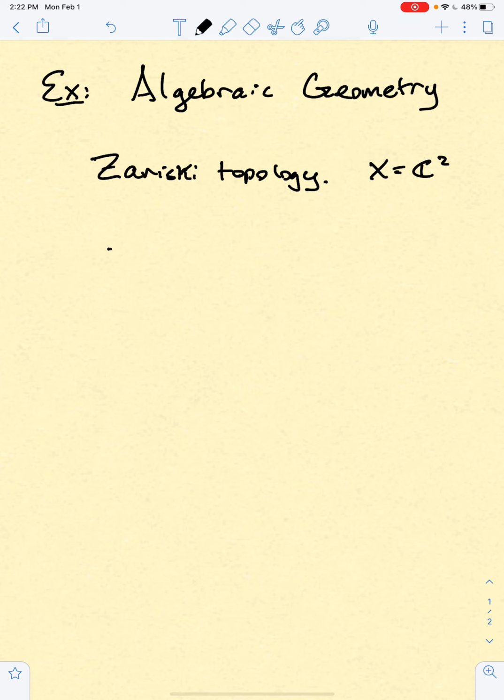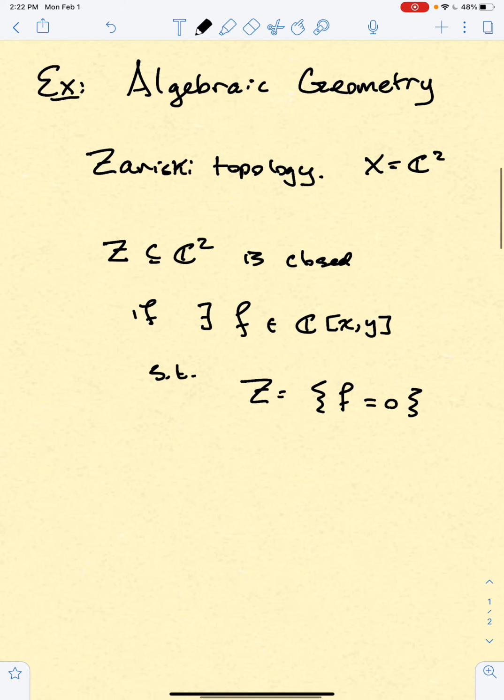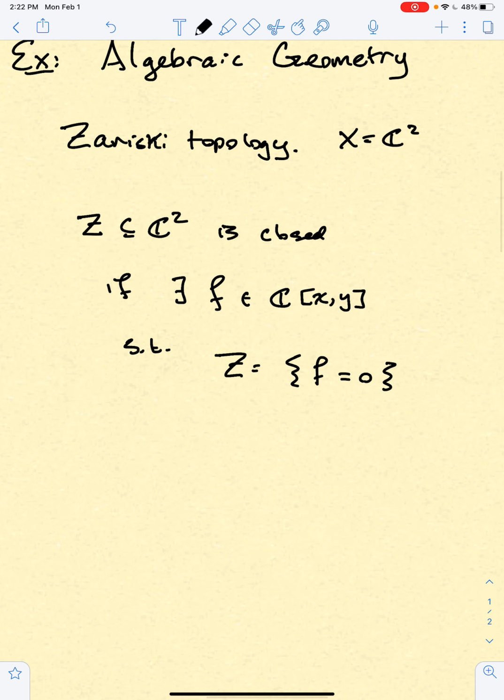So I'd say a subset Z of C2 is closed if there exists some polynomial F in two variables such that Z is equal to the set of zeros of F. Well, that's one way. In general, you'd say if there exist finitely many polynomials such that Z equals the intersection of all those zero sets.